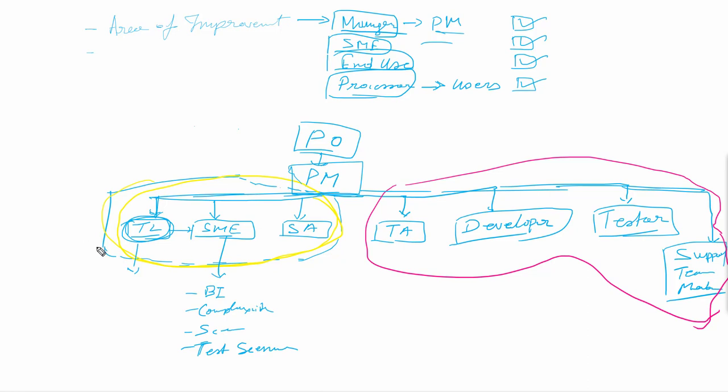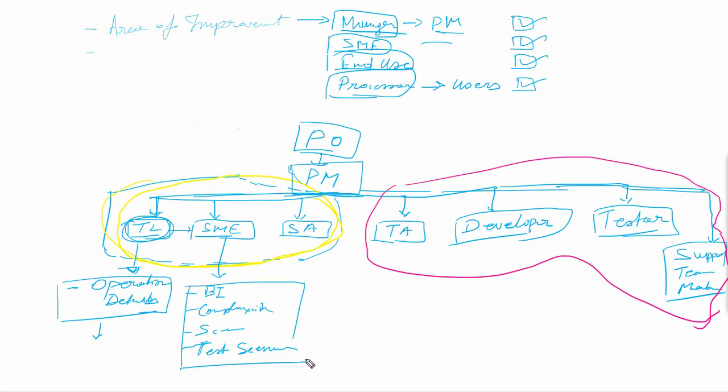So the team lead's responsibility is nothing but the operational details. He is aware of the operational details and the process details. The subject matter expert, if I sum it up, is aware of the process related things.